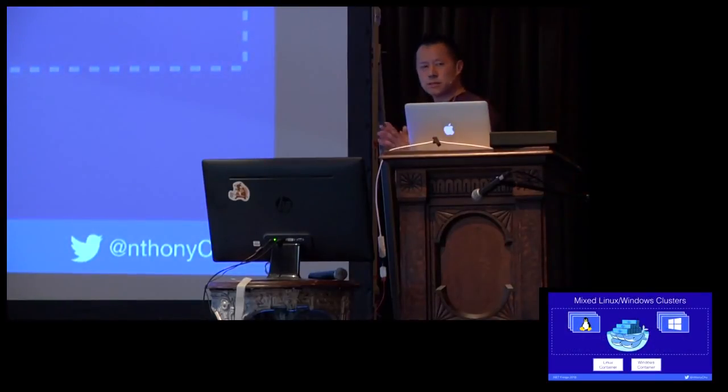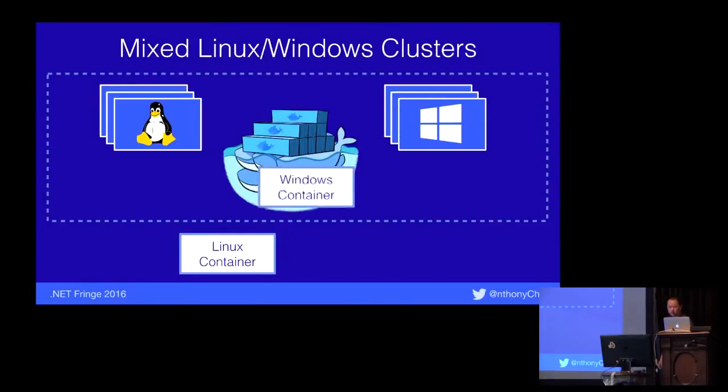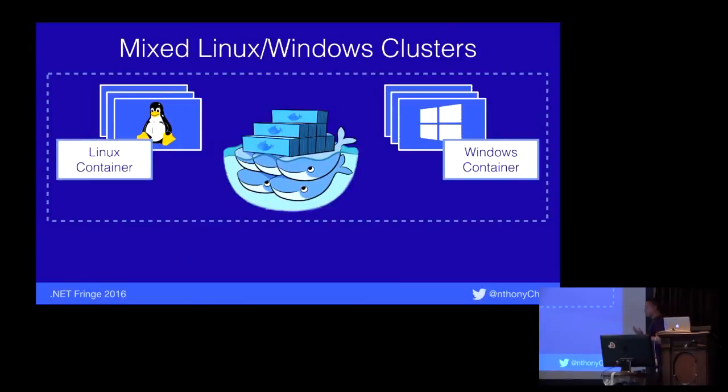And another cool thing that we can do is run combined Linux and Windows clusters. So something like Docker Swarm can run on a cluster that's got some Linux nodes and some Windows nodes. And then we can give Windows containers to Docker Swarm, and it's going to know to deploy them to Windows nodes.